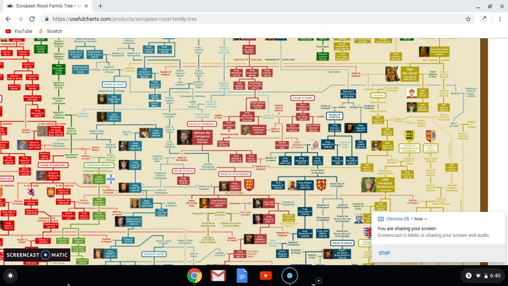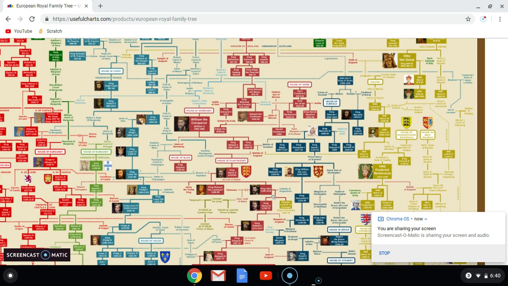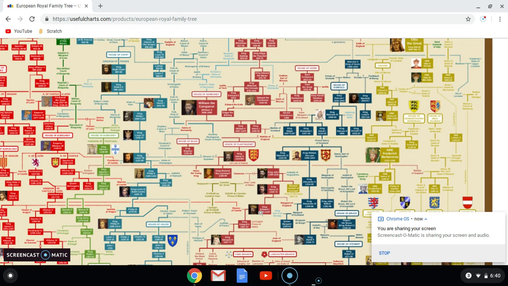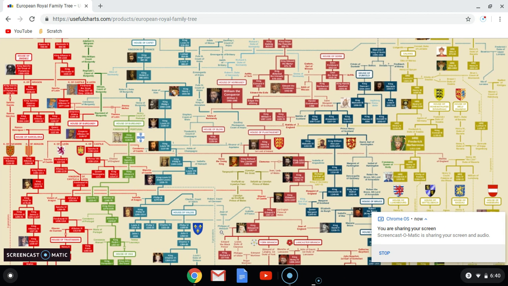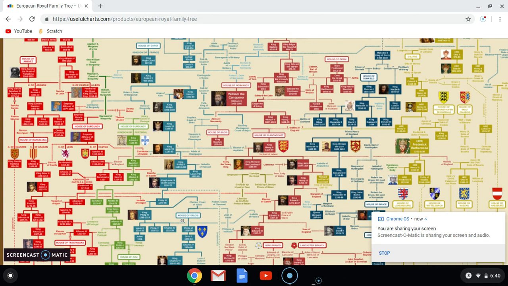Then from there, it goes to Richard I, King John, and then a lot of oldest son successions, so just brace yourselves. It goes from King John to Henry III, to Edward I, to Edward II, to Edward III. Something important is that Edward III claimed the throne of France because his mother was the daughter of Philip IV of France.